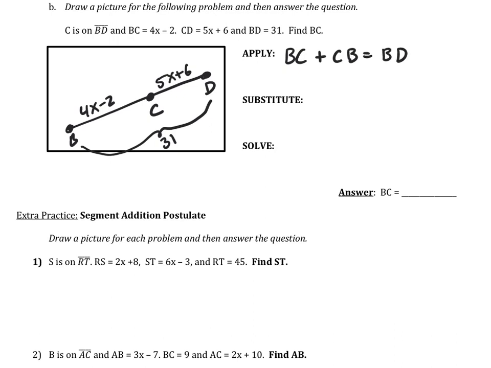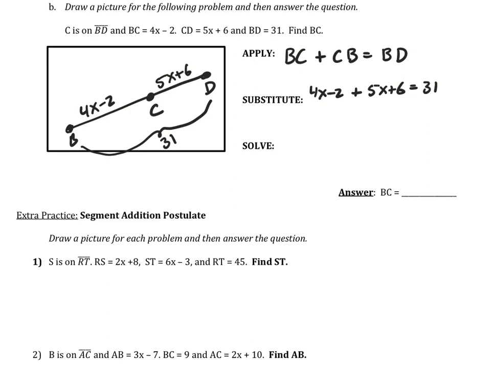And then we're going to work on substituting in the information that we know. So BC is 4x minus 2 plus CD is 5x plus 6 equals BD is 31. And we just want to go ahead and solve that real quick.